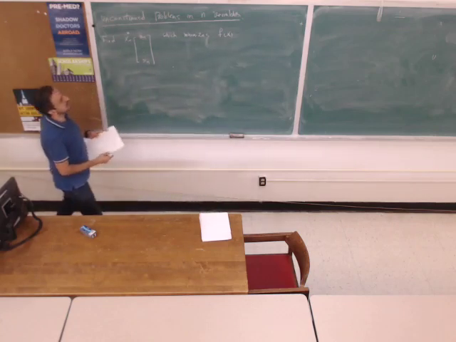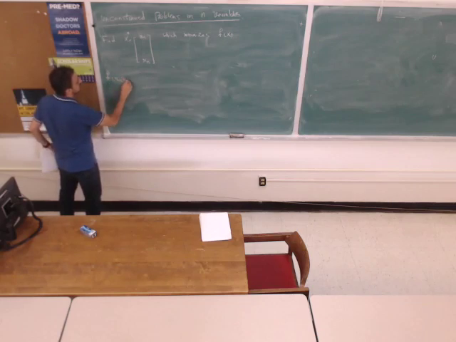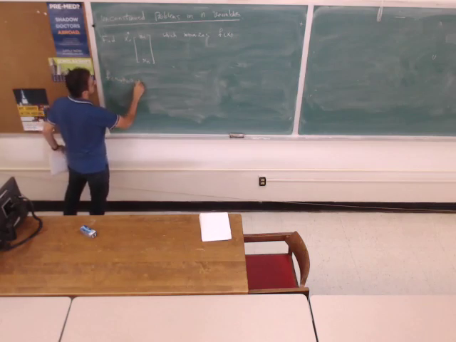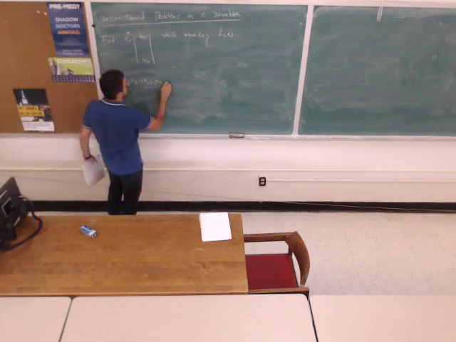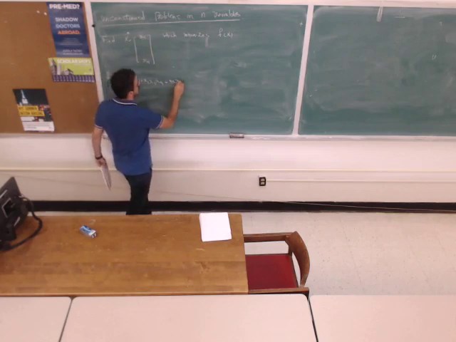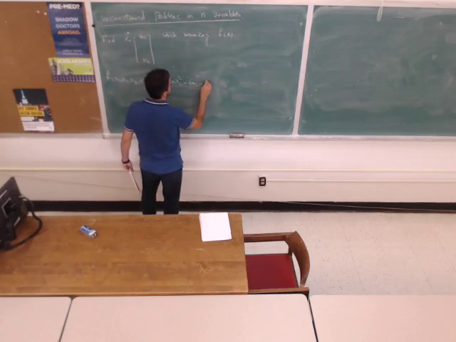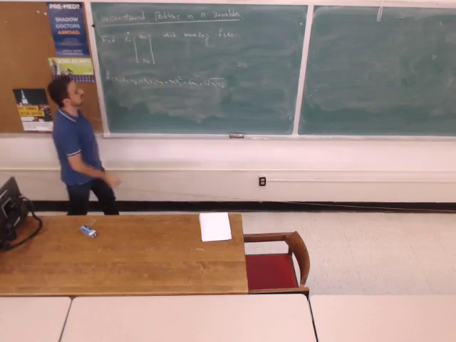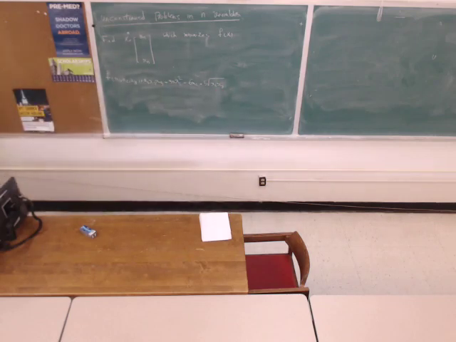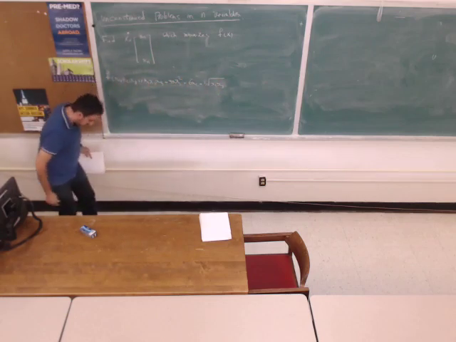So our objective function has n variables. We would like to find numerical methods to find x star such that it minimizes the objective function.